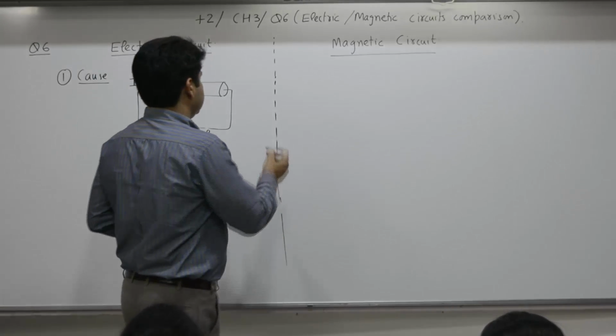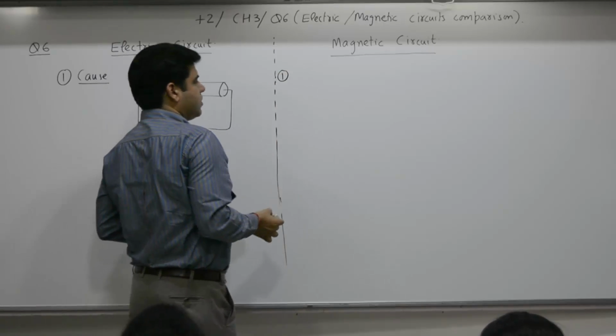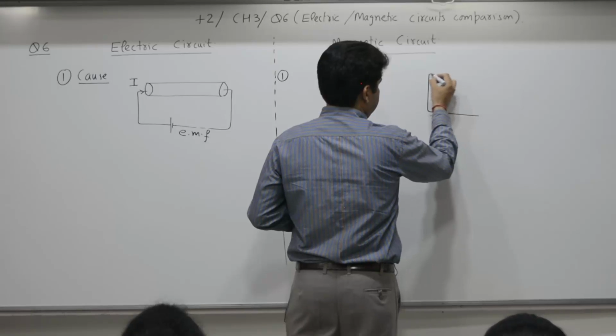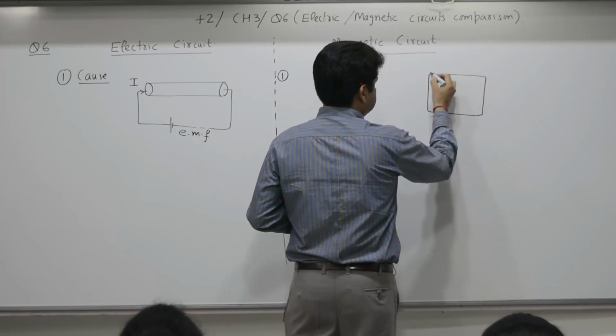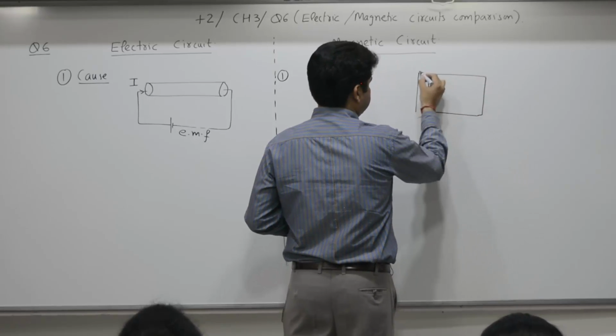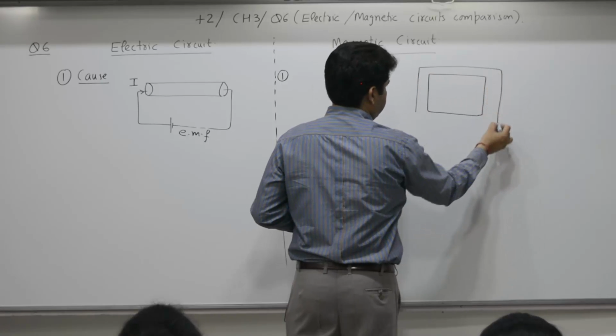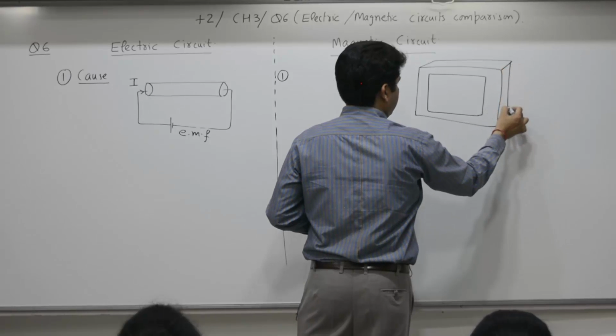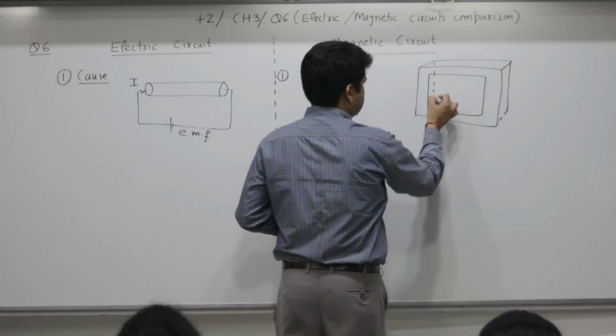But it's equivalent in a magnet. So in a magnet, say it is an iron block, soft iron block or stampings.